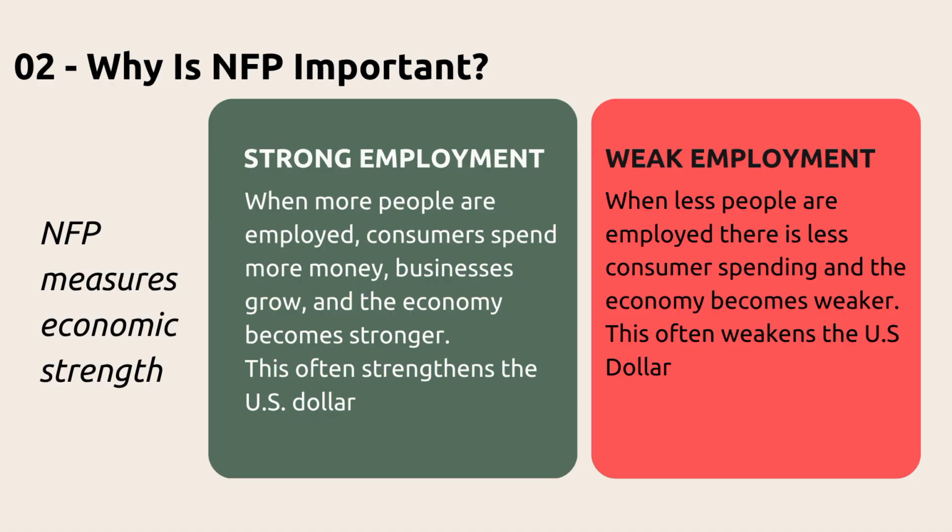So the value of the dollar is going to drop, and if the value of the dollar is dropping, the price will also drop. So now you understand what you should buy and what you should sell. If the news is good, which means you have a stronger economy, you are looking out to buy the dollar. And if the news is bad, you are looking out to sell the dollar.